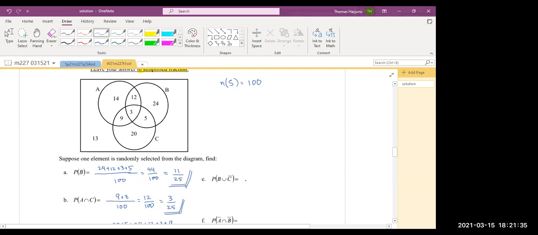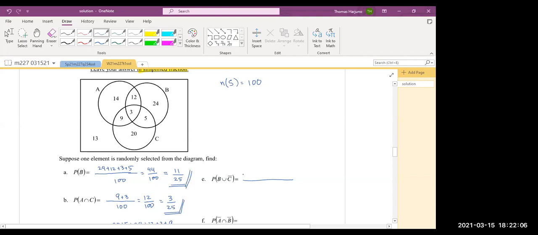Probability of B or not C. Can you tell me what numbers to add? Start with the B first. It's an OR, right?